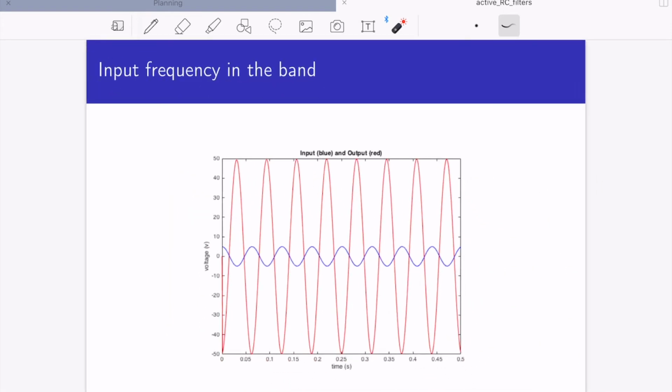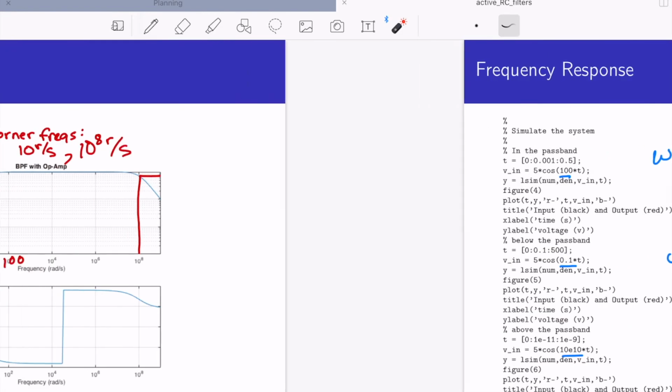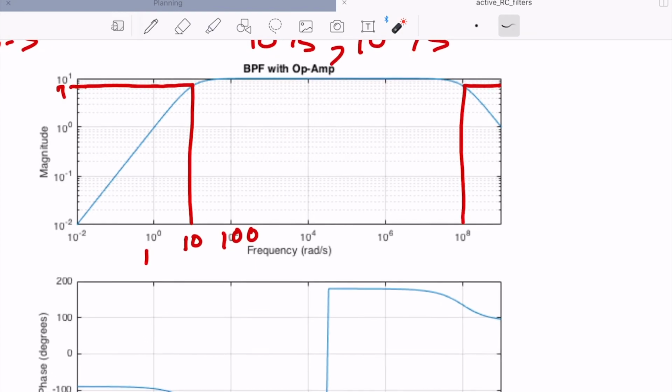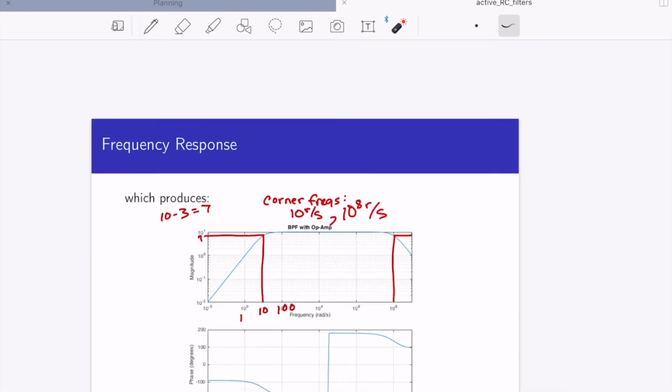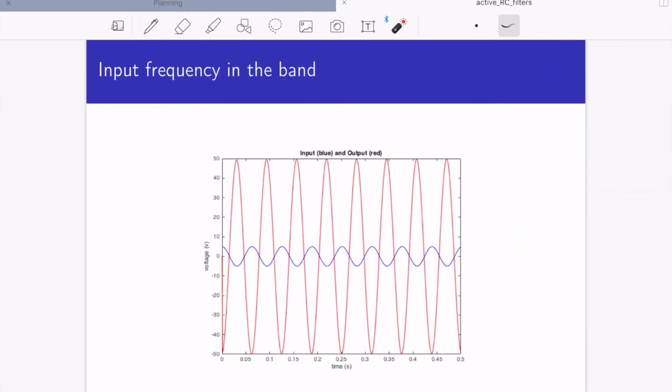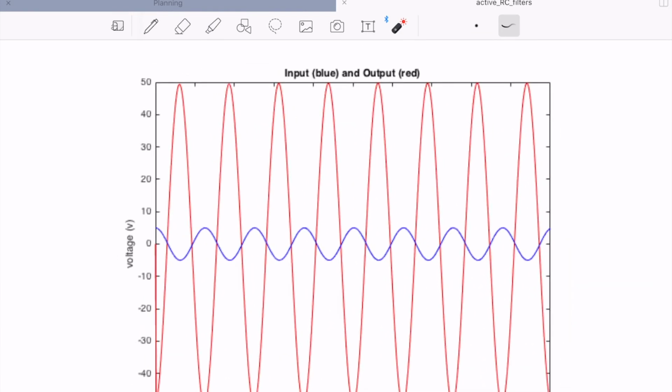And then this frequency is 100, and let's go back and look. Where's 100? 100 is right here. So that's right in the pass band. I should have a gain of 10. And that's exactly what we see, right? So we have the magnitude going from 50 down to -50.